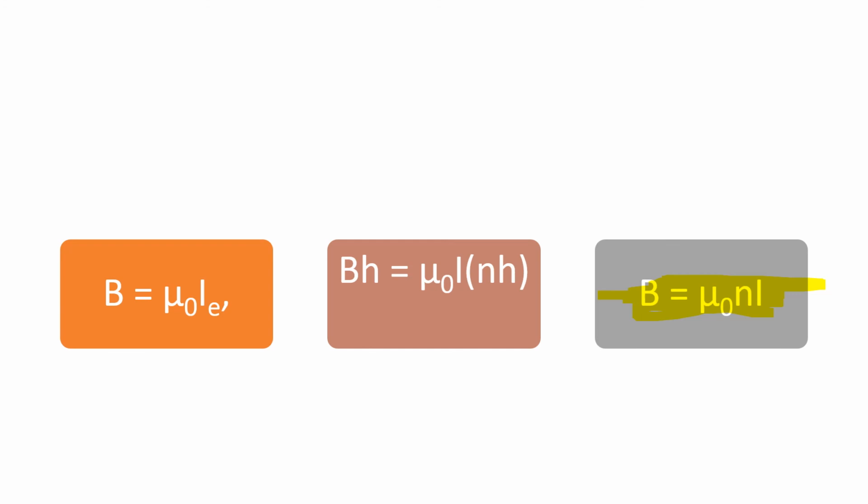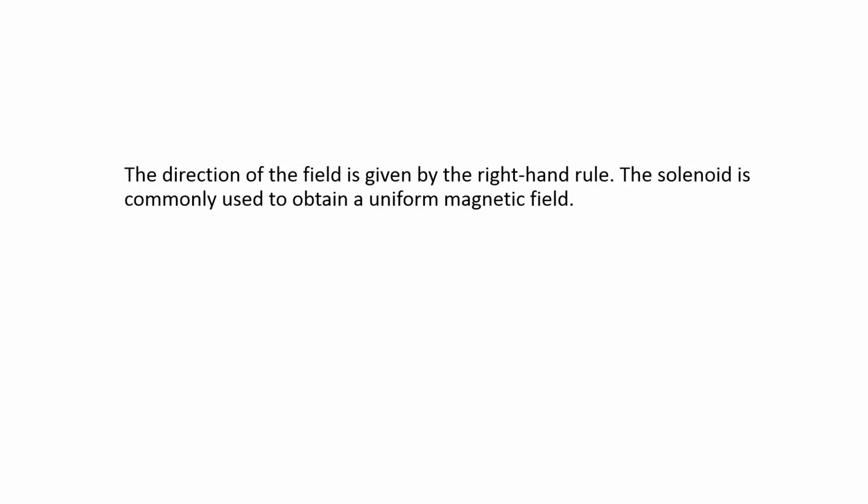Here you can see this depends on two things: n, the number of turns per unit length, and the current. So if you know the number of turns and I, we can calculate B. The direction of the field is given by the right hand rule.